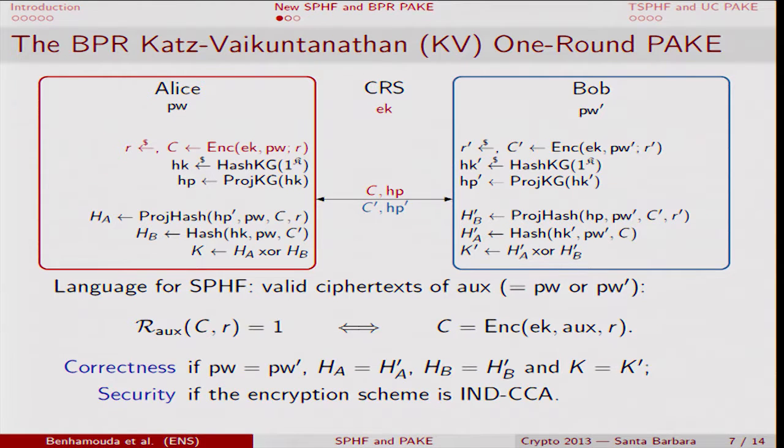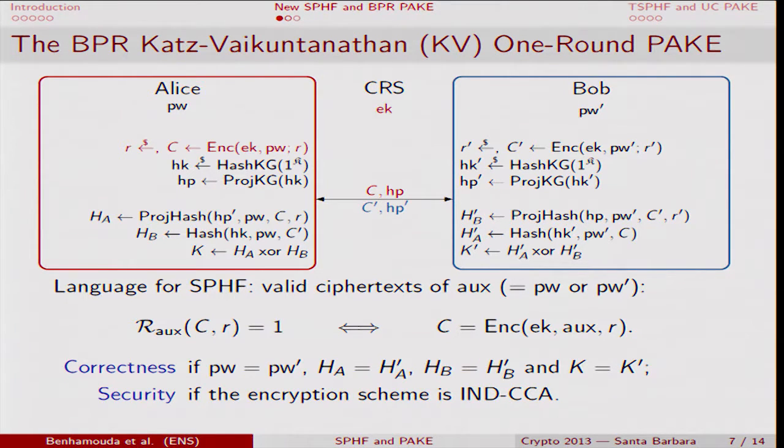So let us first recall the BPR one-round PAKE framework, introduced by Katz-Vaikuntanathan in 2011. In this framework, Alice and Bob run exactly the same algorithm, so let us focus on Alice's case. First, Alice encrypts a password PW under an encryption key EK in the common reference string.